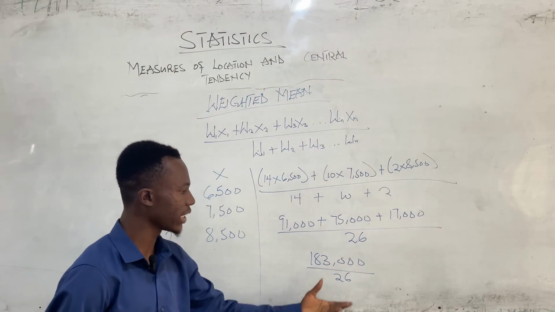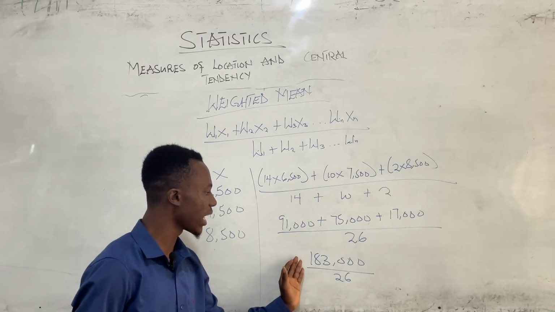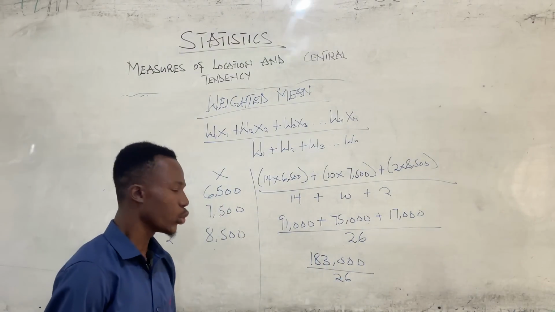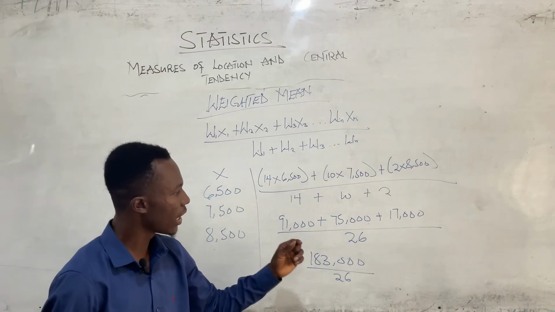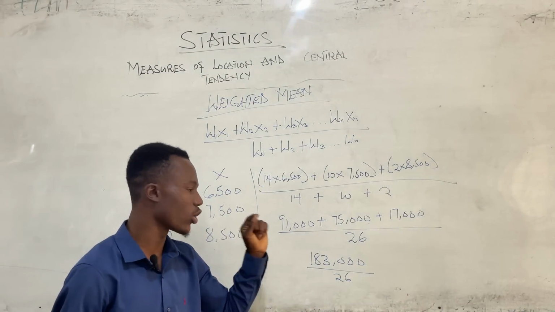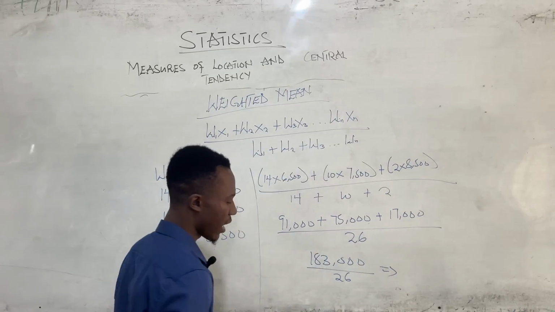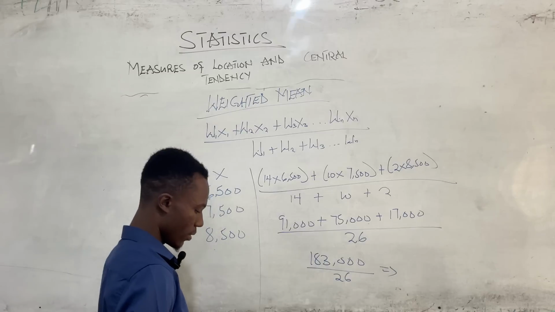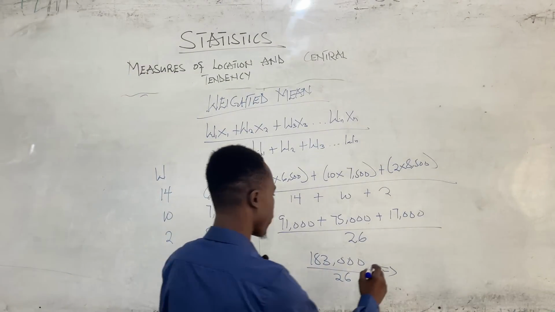We don't care whether this person is a manager or a director. We want to share this 183,000 among these 26 employees. So the answer you get is the salary for one person in the organization. Dividing by 26, we have 7,038.46.